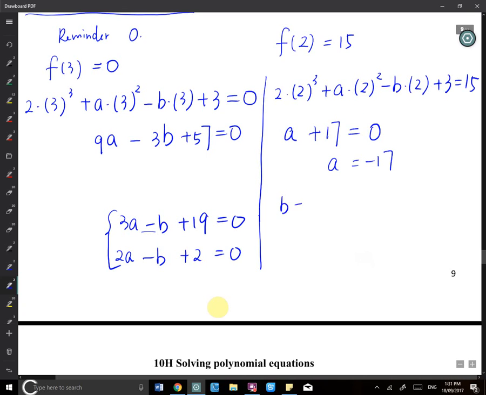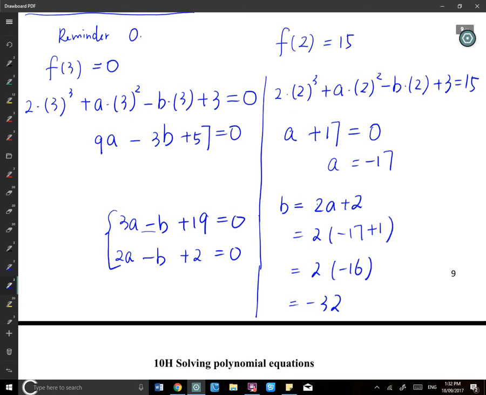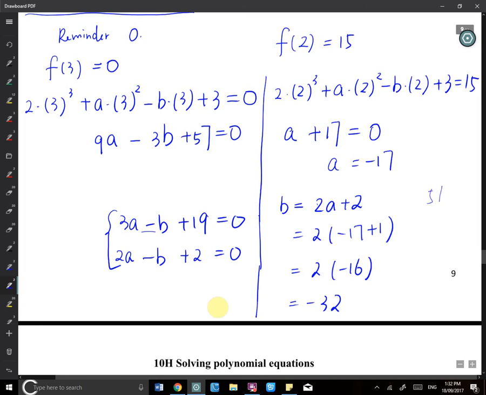What does b equal? b equals 2a plus 2. So that is 2 times a plus 1. That's 2 times negative 16. That's minus 32. Okay, I have checked it and that's correct.